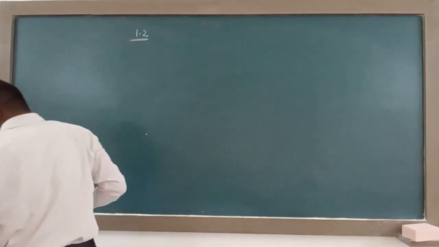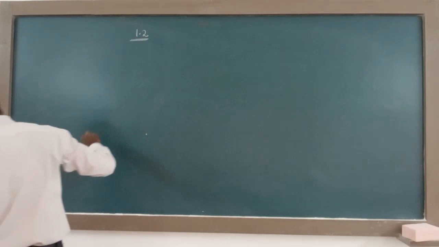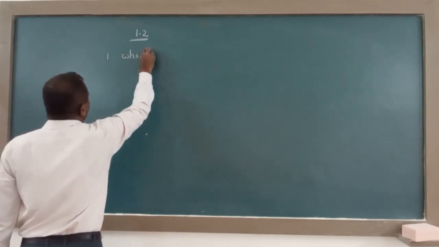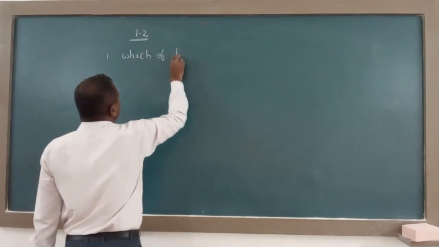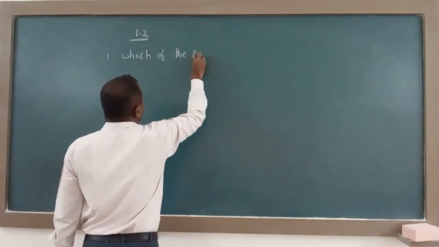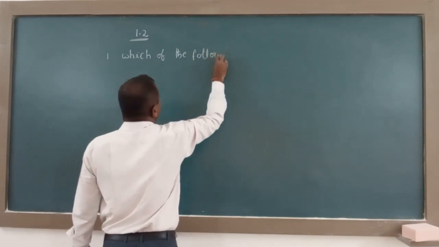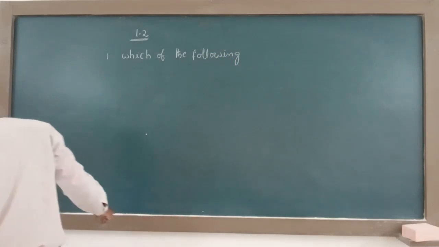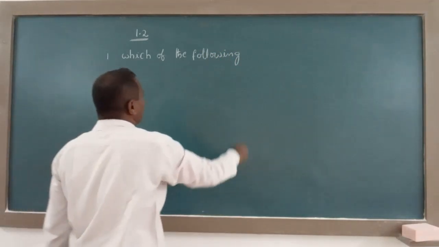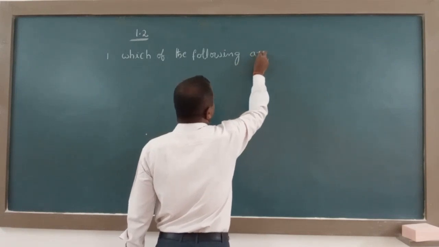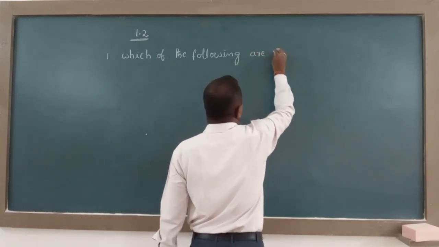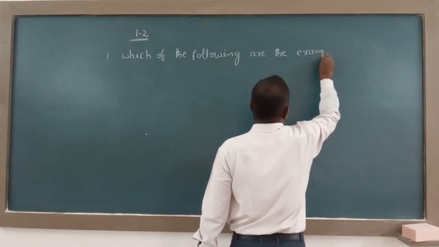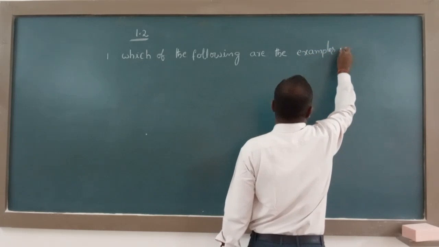First question. Which of the following are the examples of null sets?